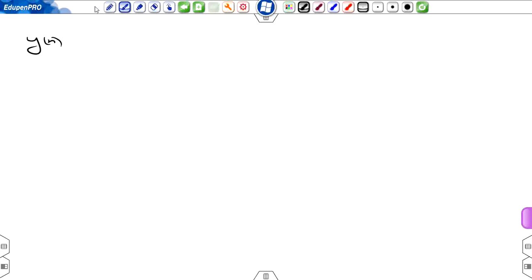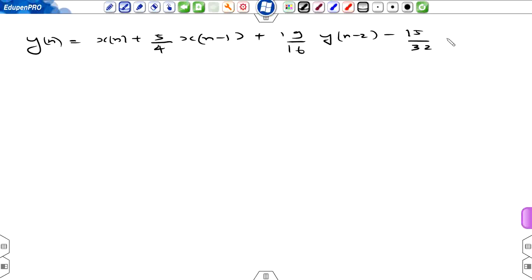And in time domain I can write y(n) is equal to x(n) plus 5 by 4 x(n minus 1) plus 19 by 16 y(n minus 2) minus 15 by 32 y(n minus 3), which can be represented by a block diagram like this.